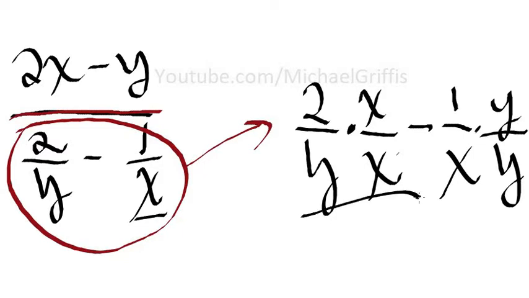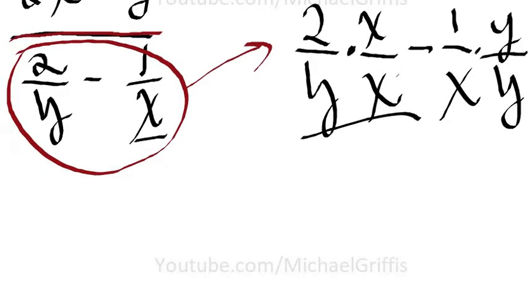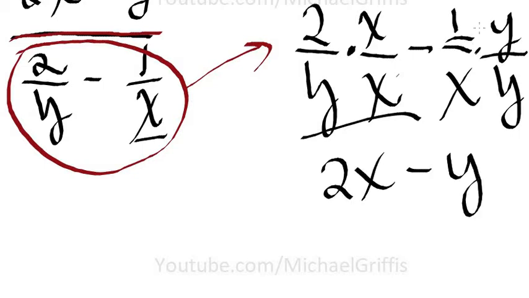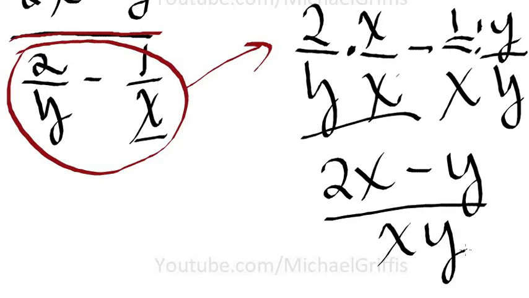It's x times y or y times x, however you want to say that. So now I can rewrite this as 2x minus y. 1 times y is just y over, I'm going to write it like this, x times y. Okay, so that now takes care of this guy here.